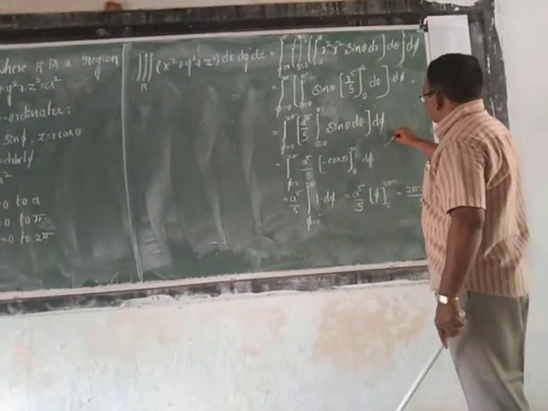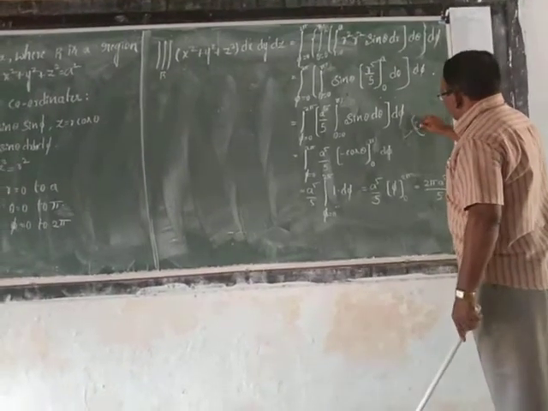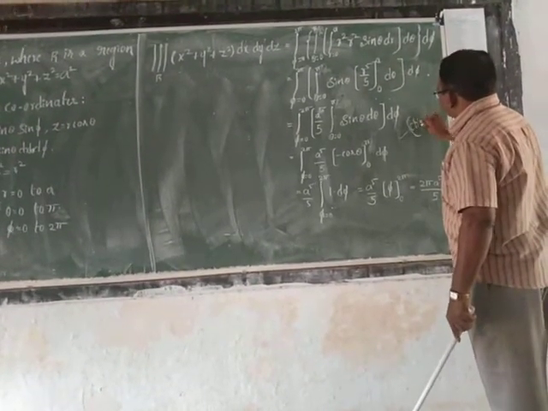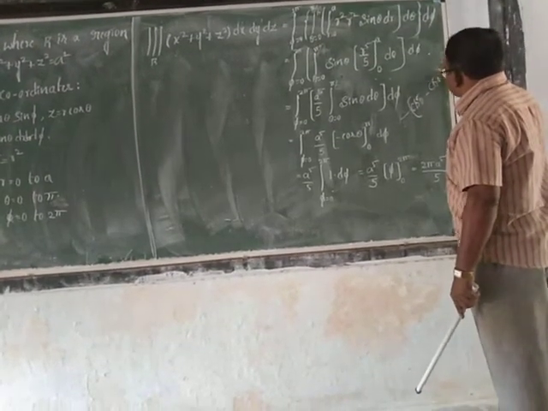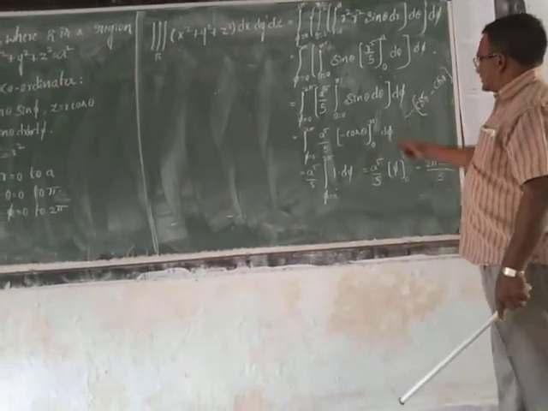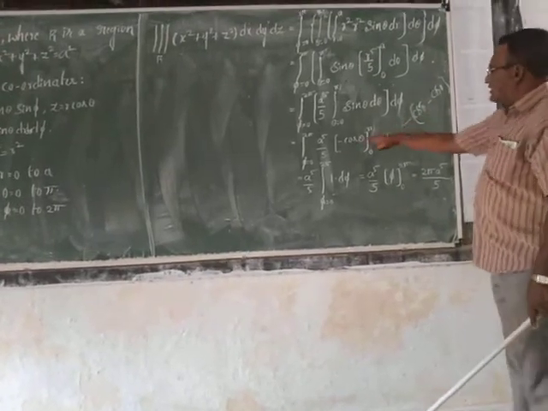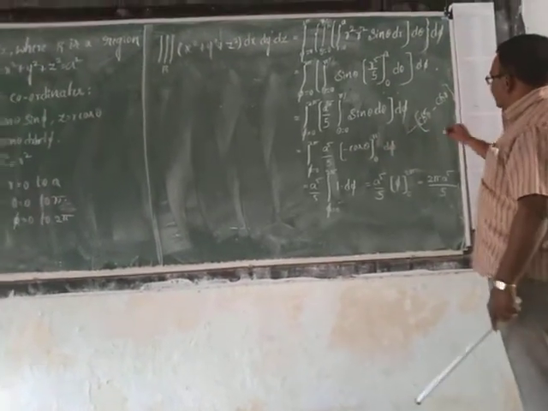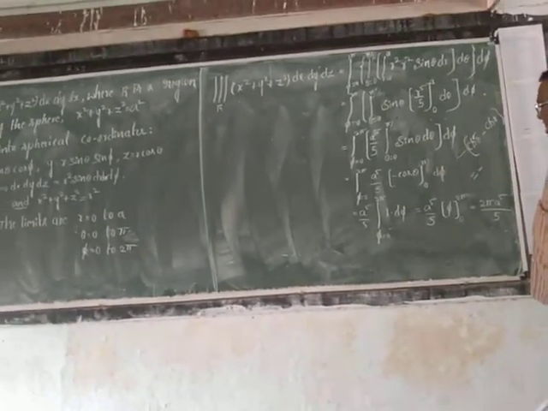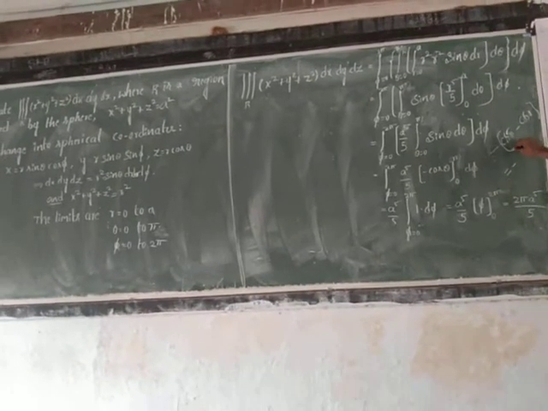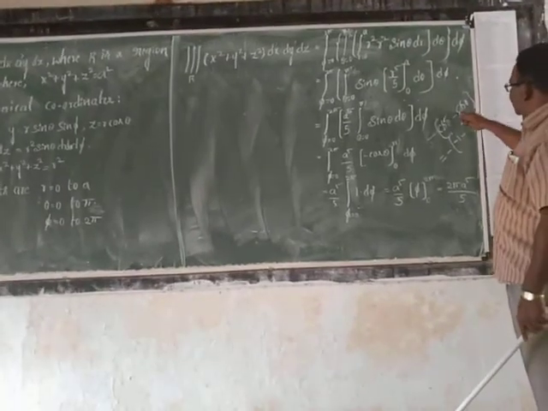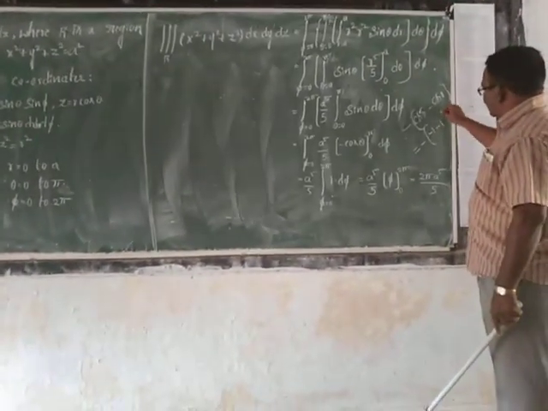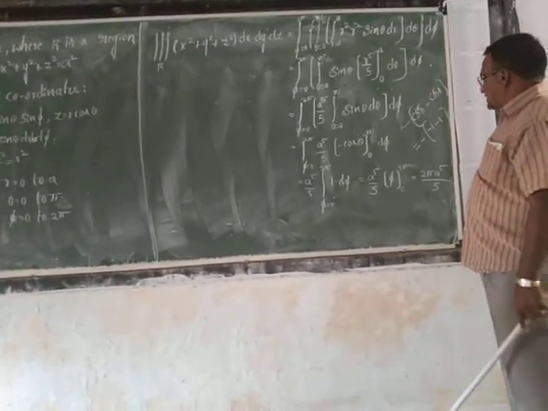If I put the limits here, it is minus cos pi minus cos 0. This is equal to minus cos pi is minus 1, minus cos 0 is 1. Cos 0 is 1.